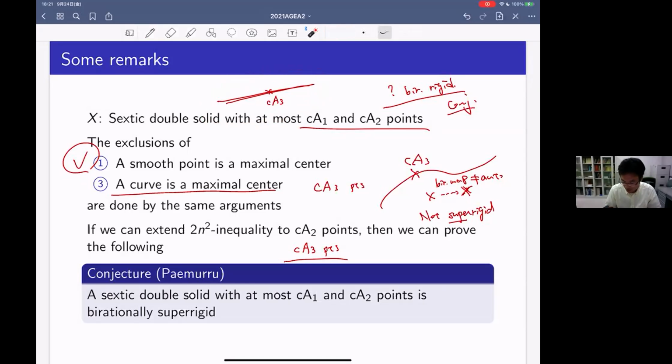But basically I expect that the birational maps blowing up these cA3 points are all involutions. I see. Thank you very much.